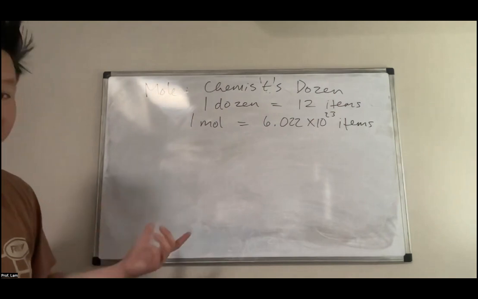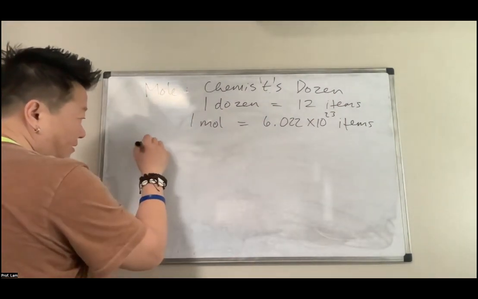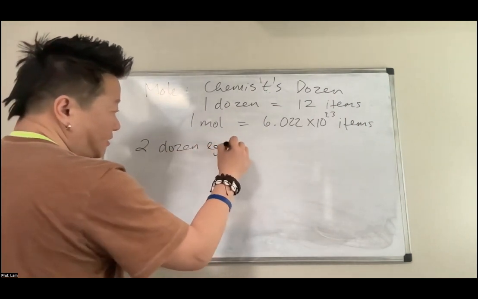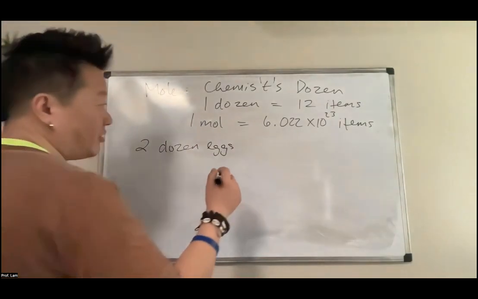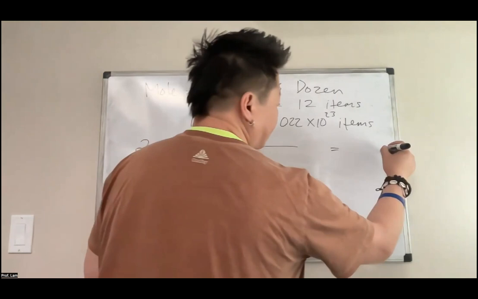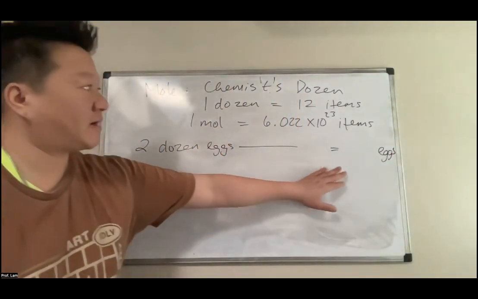So let's do some calculations so you see how it works. Let's do it with dozen first. Let's say I want to know how many eggs are there in 2 dozen eggs, right? So that's our unit, eggs. So in 2 dozen eggs, how many eggs are there?